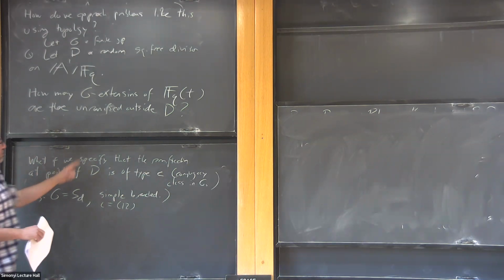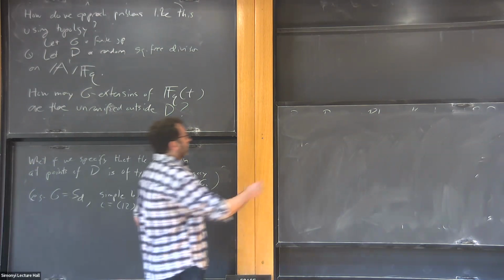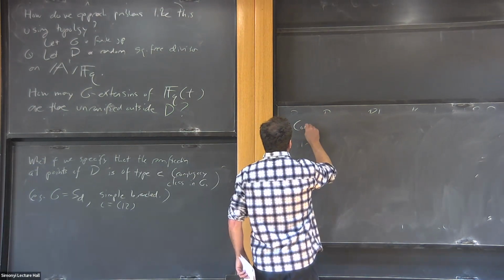In fact, if I fix D, it's not hard to check that there's only finitely many of these. And so I want to think of it like this. So let's use this notation.